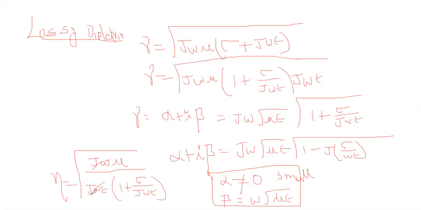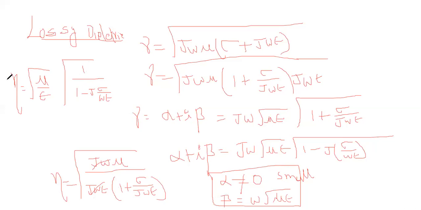This j omega gets cancelled, and we get eta equal to the square root of mu by epsilon times 1 plus sigma by j omega epsilon. Written in two terms, eta is equal to the square root of mu by epsilon, and also another root, 1 by 1 minus j sigma by omega epsilon.